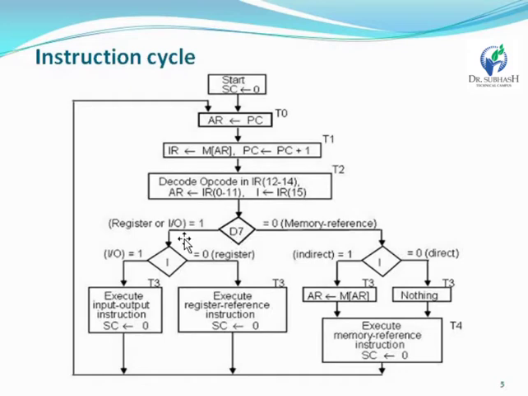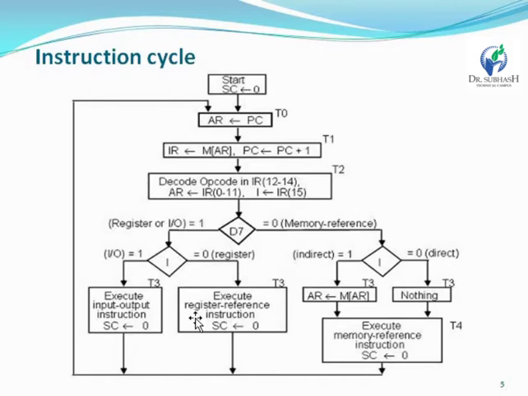If I is 1, then execute the input-output instruction, and finally the sequence counter is set to 0 and the step goes back to the address register. If I equals 0, then execute the register reference instruction, the sequence counter is set to 0, and then it goes to the address register.